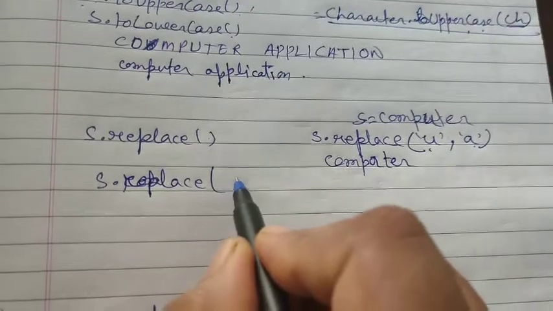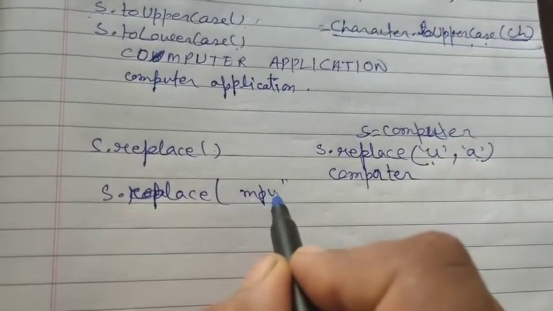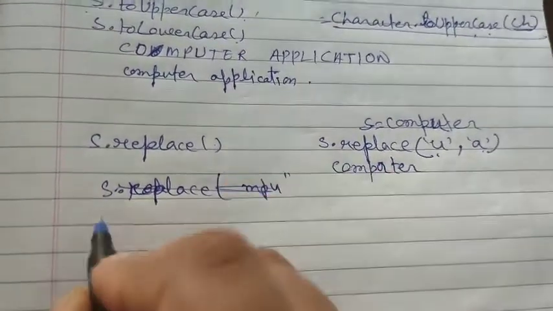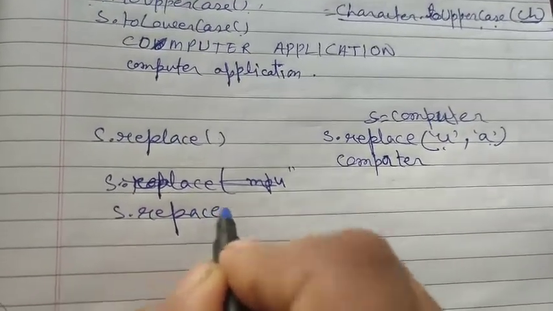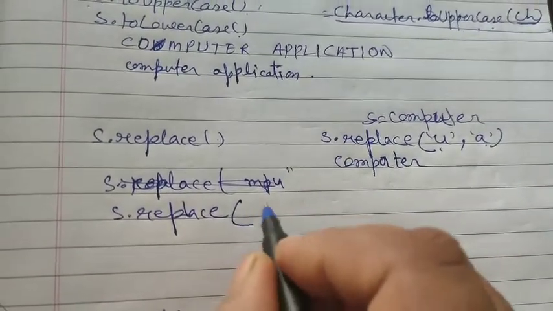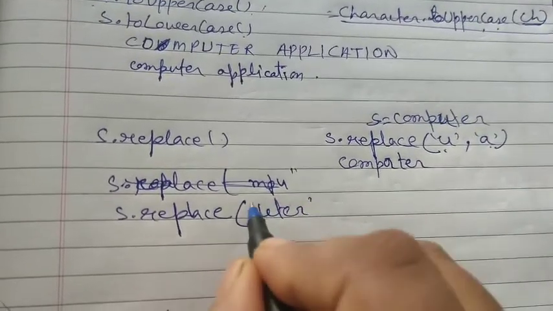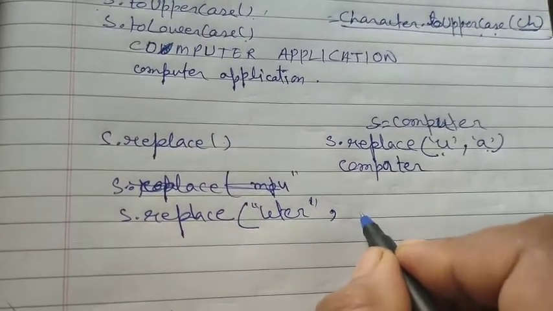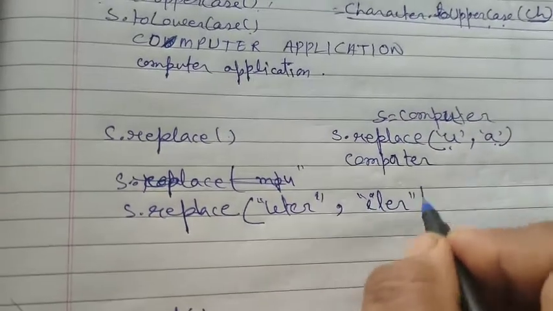Maybe you want to replace "uter", this part, in double quotes, with "iler".